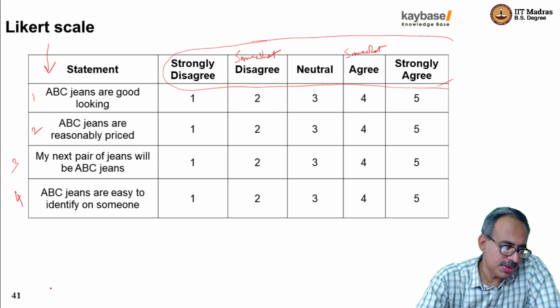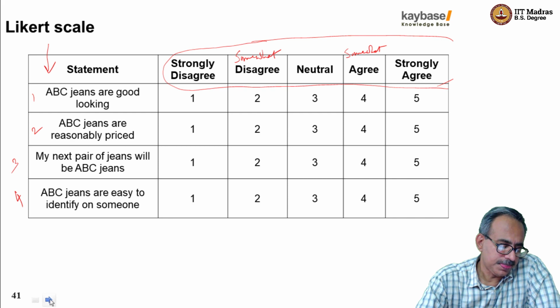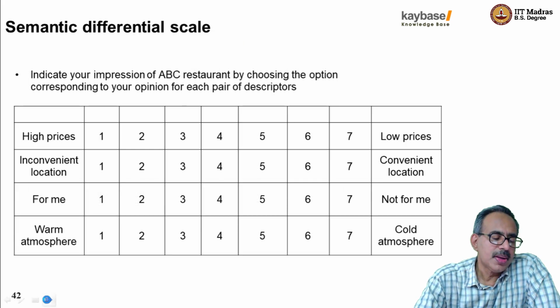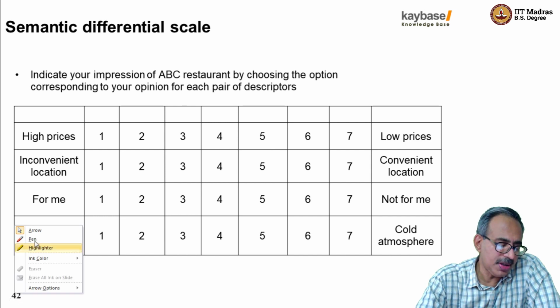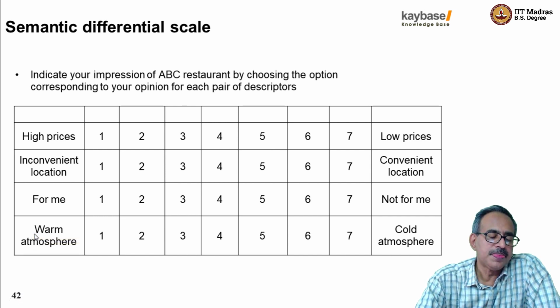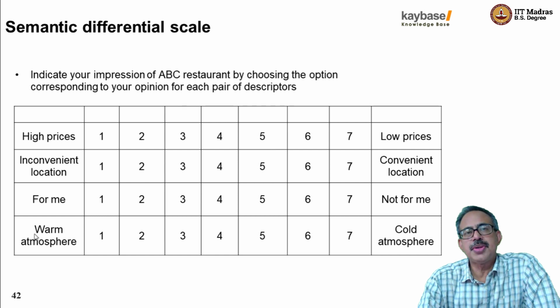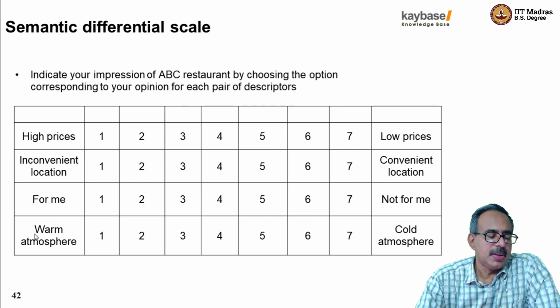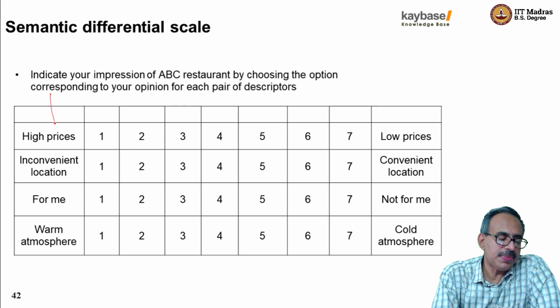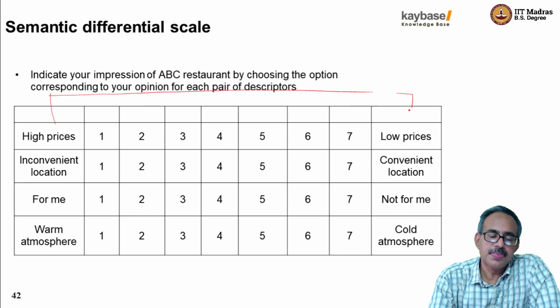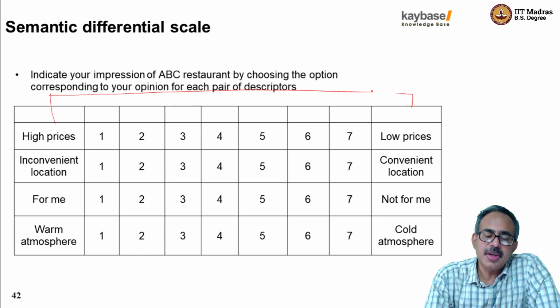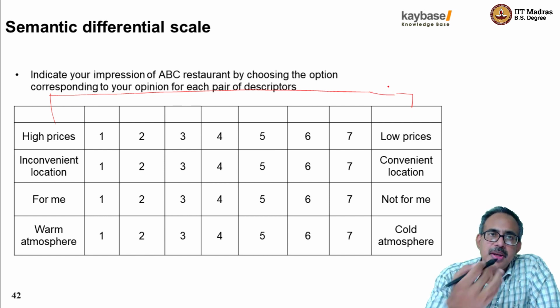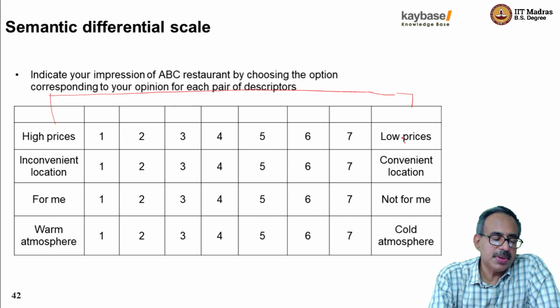We'll go on to the next one, which is semantic differential scale. Here, again we want opinion about maybe a restaurant, for example, ABC restaurant. We want people's opinion. And here what we do is we take two extreme points of view. And we ask the consumer, which is your opinion about that restaurant? Is it here or is it here?